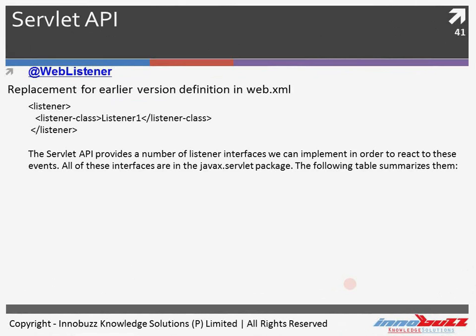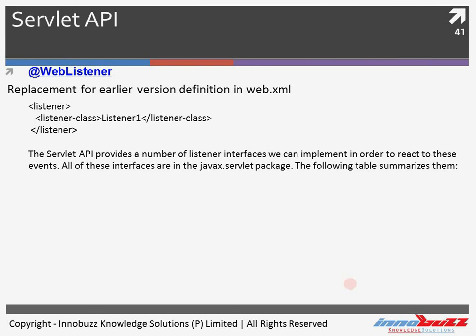What is this web listener all about? During the lifetime of any web application, we have a number of events taking place, such as HTTP requests being created or destroyed, request or session attributes being added, removed or modified, and so forth.